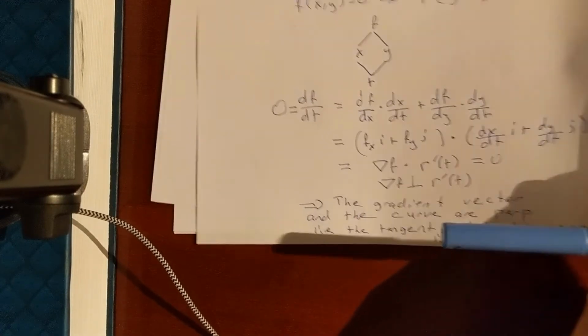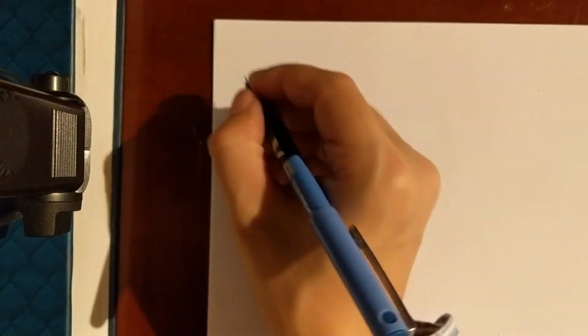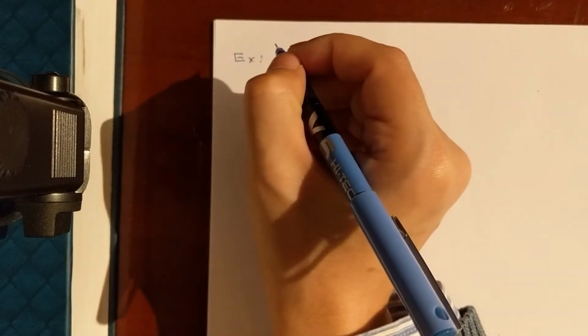Now let me do a quick example. I want to do a few examples of this. We'll start real nice and slow. So here is going to be our first example. I'll try not to go out of bounds this time.